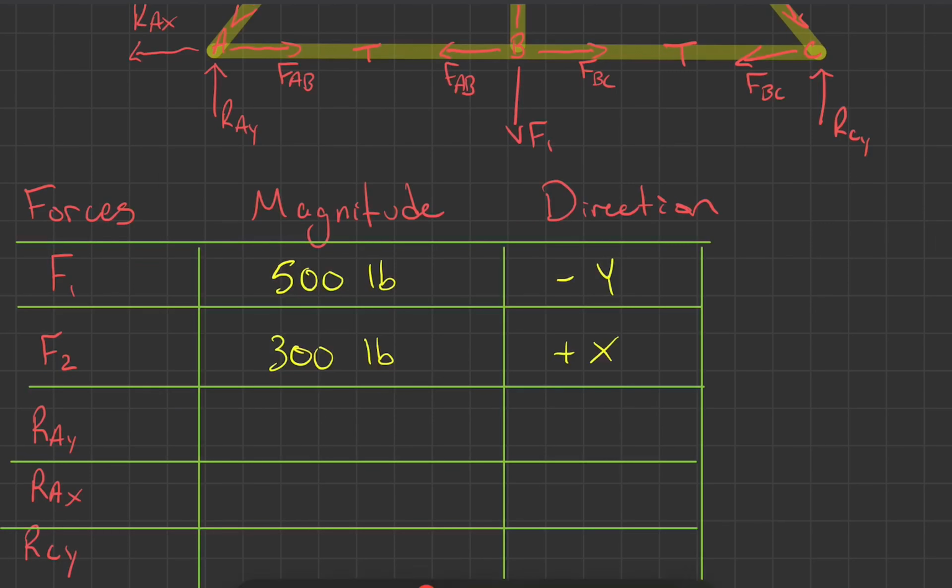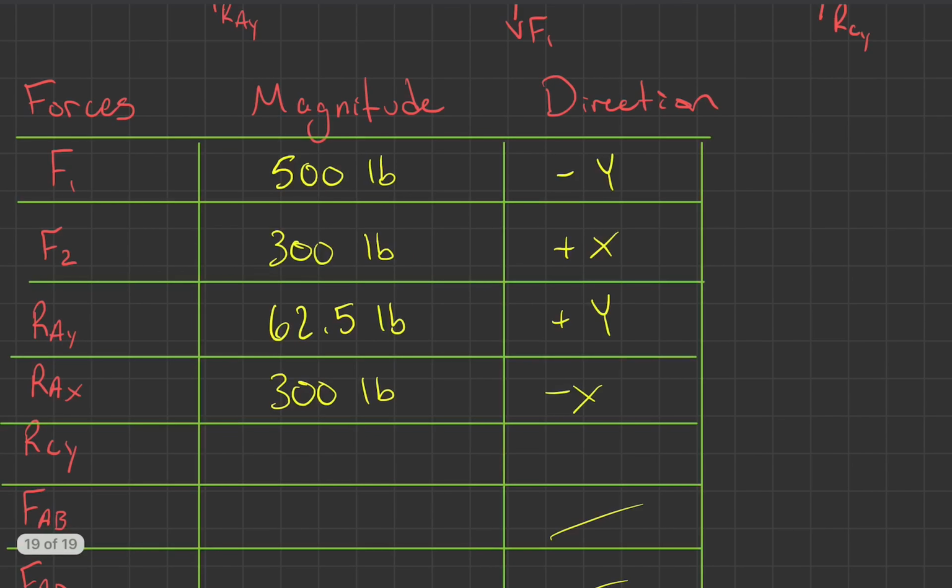RAY we solved to be 62.5 pounds, in the positive y direction. RAX was 300 pounds, in the negative x direction. RCY was 437.5 pounds, sorry, 437.5 pounds, and it was in the positive y direction.